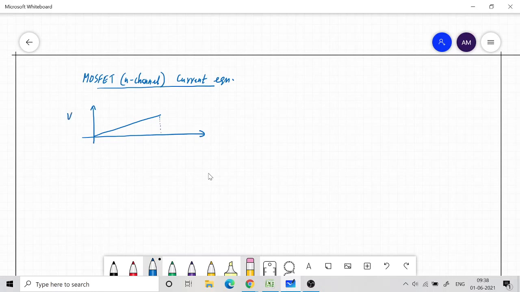So this was our channel potential. It was 0 on the source side, and on the drain side, that is when x is equal to L, we have VDS. So that's what we assumed.